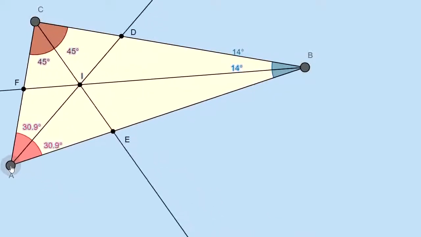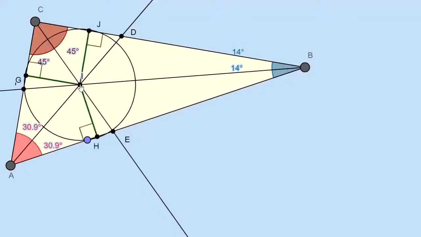Now the other thing is that if I draw a circle here, you'll notice that the incenter is the center of a circle that touches each side of the triangle once. It's called inscribed. And because it's a circle, each one of these perpendicular lines that go from the center to the side of the circle are a distance, and you'll notice that they're all going to be the same. So an incenter is equidistant to the sides of a triangle.